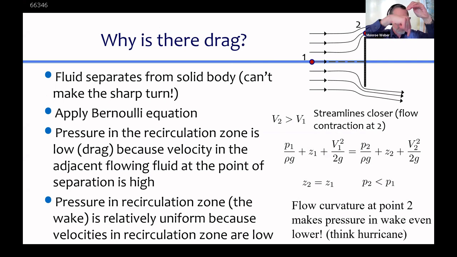As you move towards the center of curvature, you move towards lower pressure. There's actually a completely different derivation of the Bernoulli equation that allows you to travel perpendicular to streamlines. And it's like the proof that hurricanes have low pressure in the middle. So that is yet a third reason why the pressure in this recirculation zone is low.